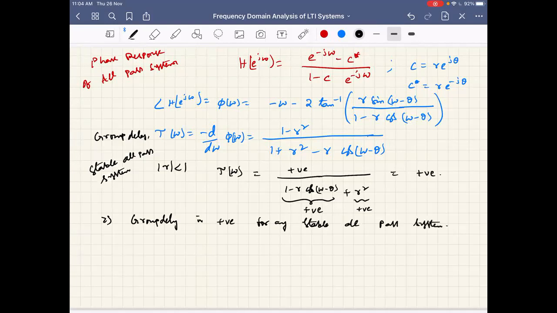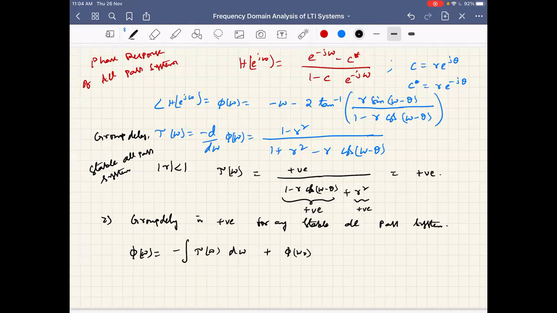Okay, and what about the phase response? Phi of omega, usually if we give group delay, how is it defined? It is the integral of tau of omega d omega with a minus sign, plus phi of omega naught.